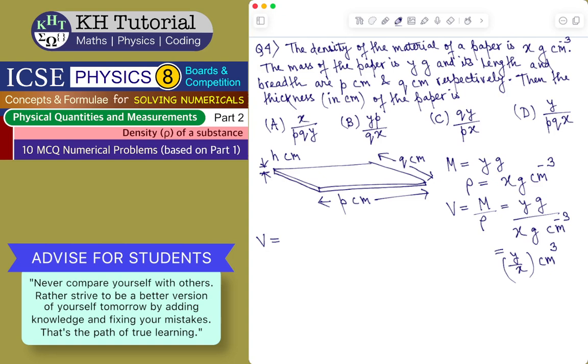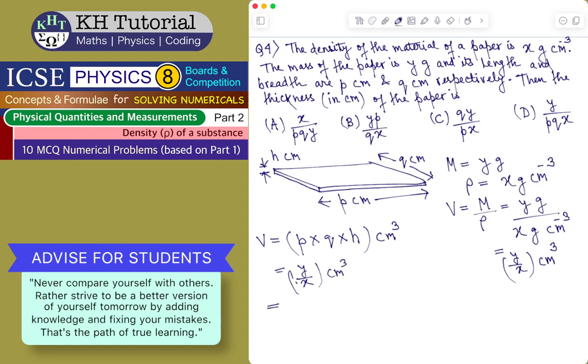So this will be p multiplied by q multiplied by h centimeter cube, which is equal to y by x centimeter cube.